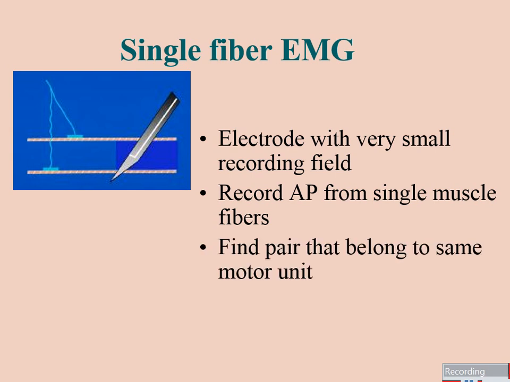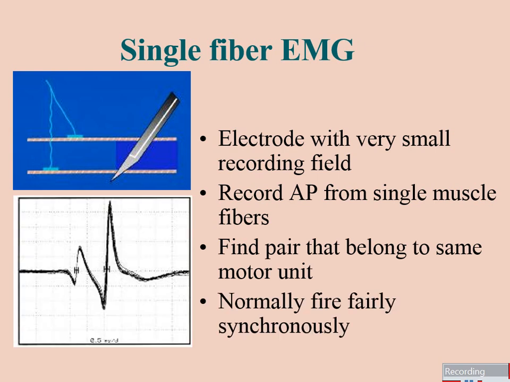So the idea is, again, to find a pair of fibers that we can record from that belong to the same motor unit. Now, if the motor unit is working like it should, these fibers should be firing very synchronously. And so you key off of one of the fibers, that triggers the recording, and the other fiber will fire at exactly the same difference.